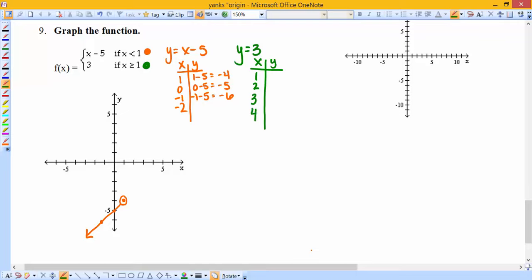But my equation is y equals 3, so it's 3, 3, 3, 3. So 1, 3. 2, 3, 3, 3, 4, 3. And since it's solid, or the equal to, it's going to get a closed circle. So closed circle and then connect the points. So there's your piecewise function.